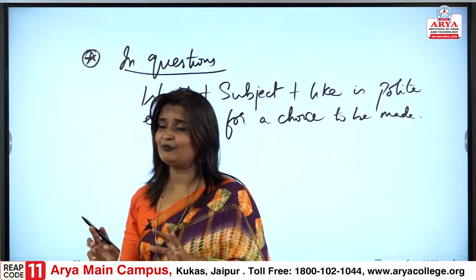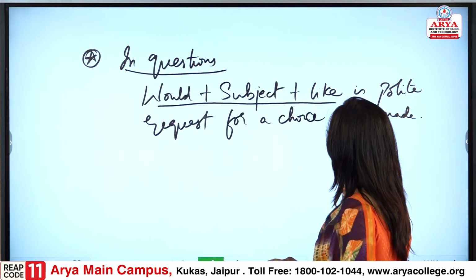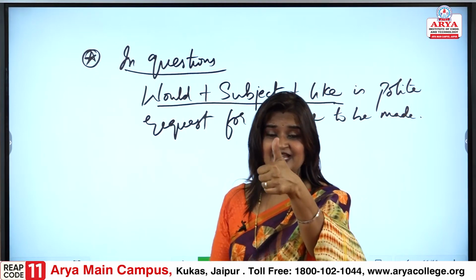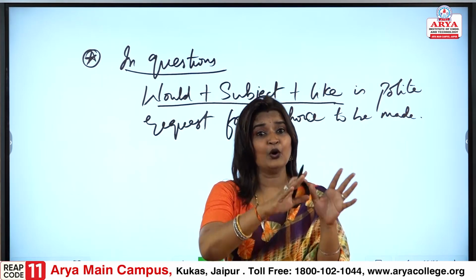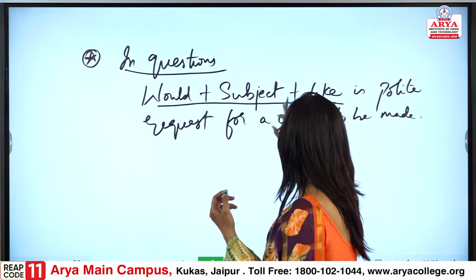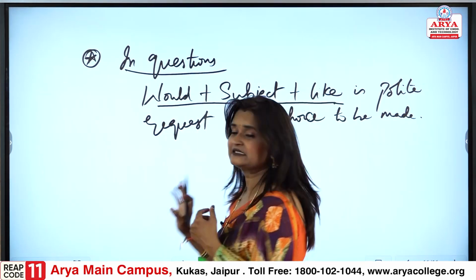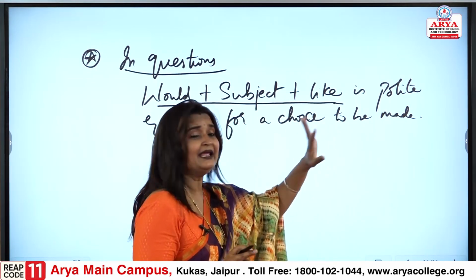So, now again we would take care of this: would plus subject plus like. Fine. First we learned about would followed by like. Now it is would plus subject plus like, a polite request for a choice to be made.